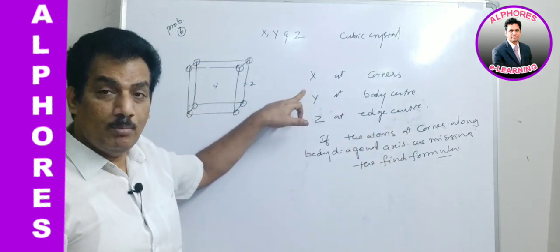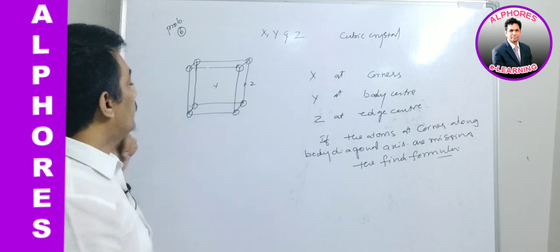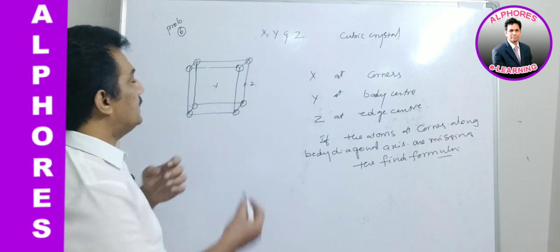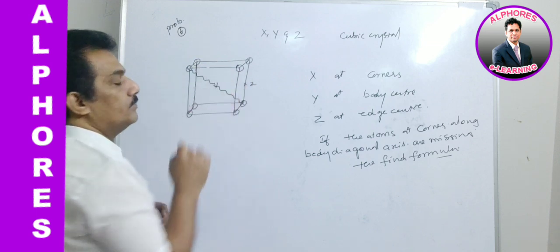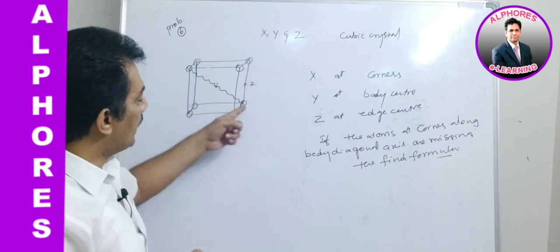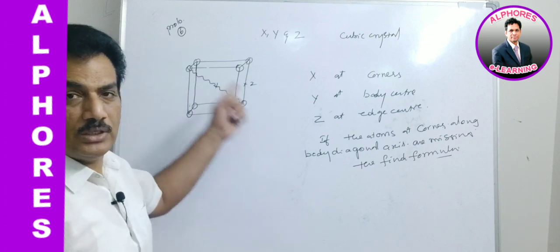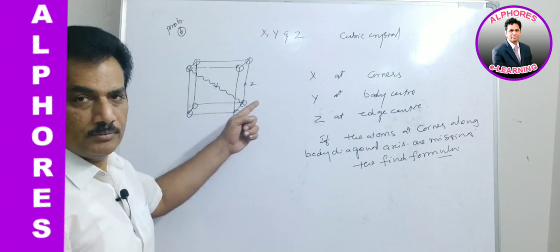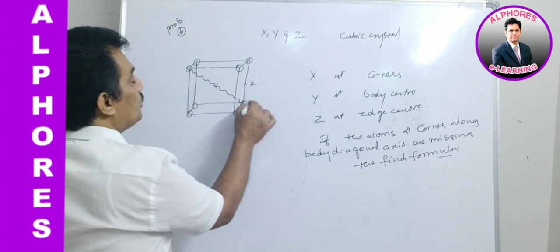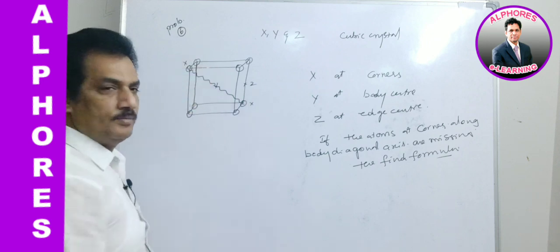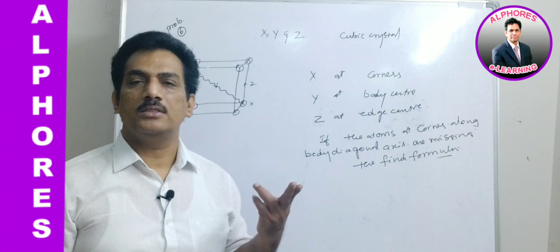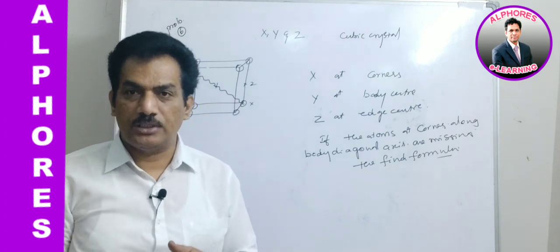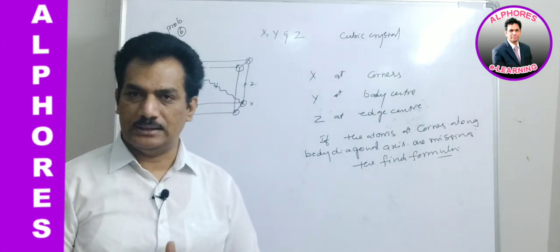They are not giving the number directly. Instead of that, they ask to imagine that one of the body diagonal axis, this is body diagonal axis, from one corner to the other corner, opposite. Clear? And now these two are missing. So how many corners totally missing? Two corners are totally missing because they are present along with body diagonal axis.